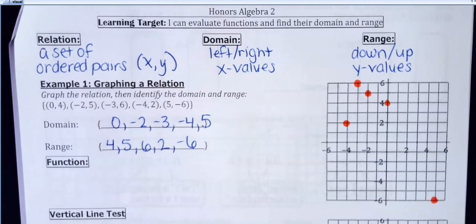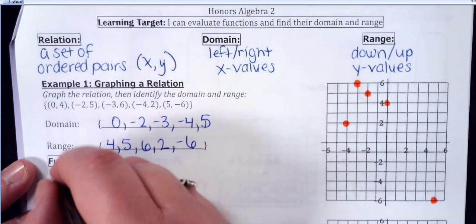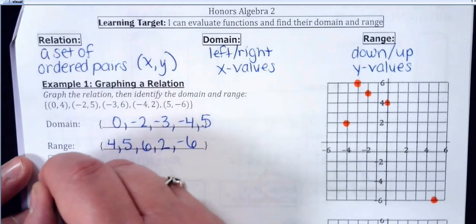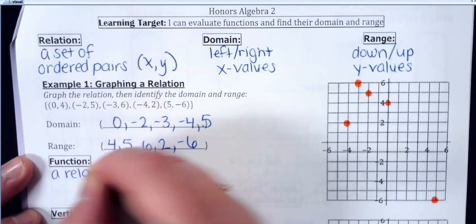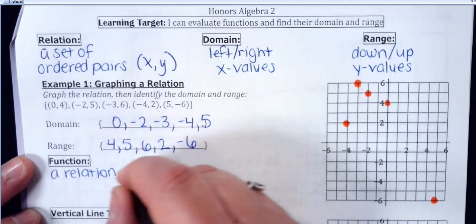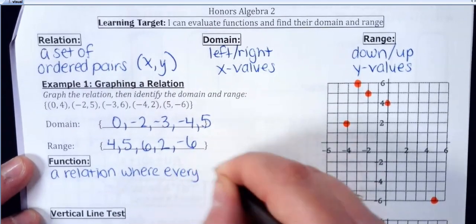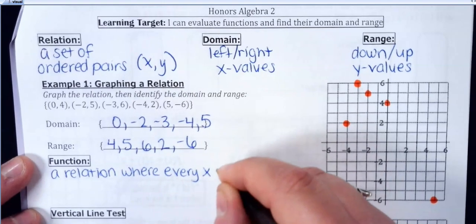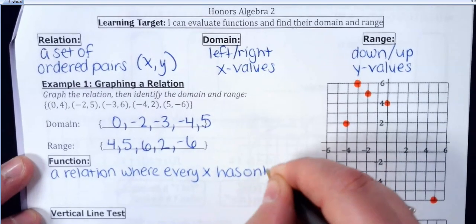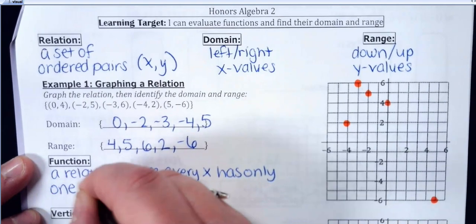Okay, now to be a little bit more specific about what a function is. A function is a relation, so a set of ordered pairs, where every X value has only one Y value.